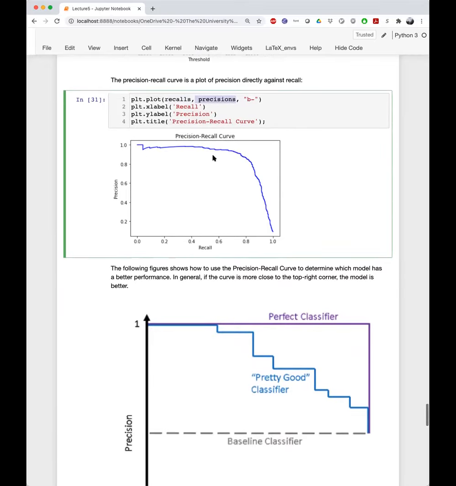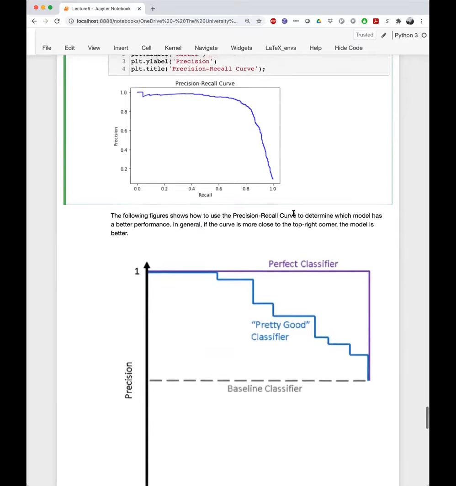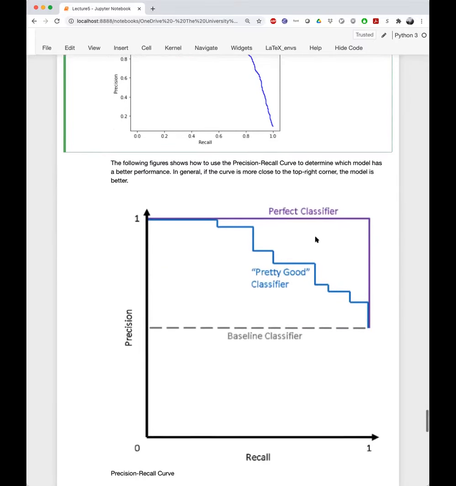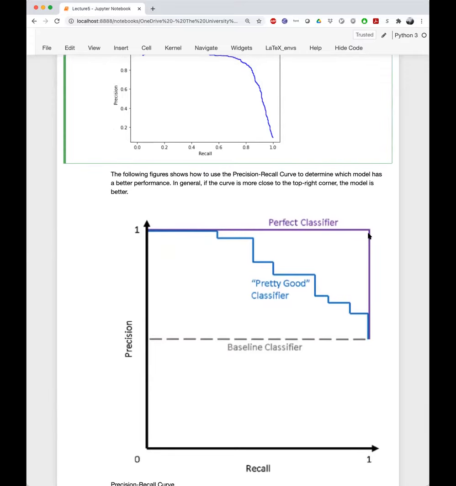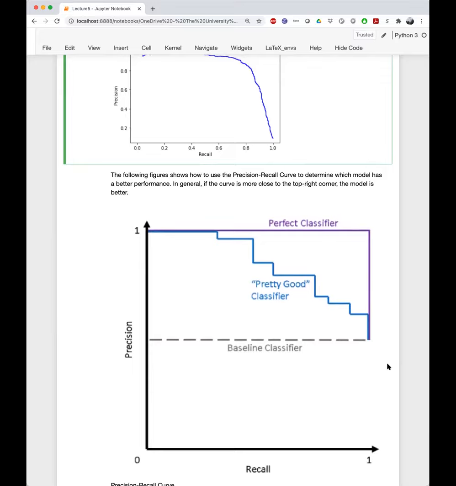And how to use this curve? This is the prototype of how to use this. It is very similar to the ROC curve. The best case, or the perfect classifier, is this purple line here. Similar to the ROC curve, the best one is vertical, then horizontal. Same thing here, the perfect classifier is the purple line.